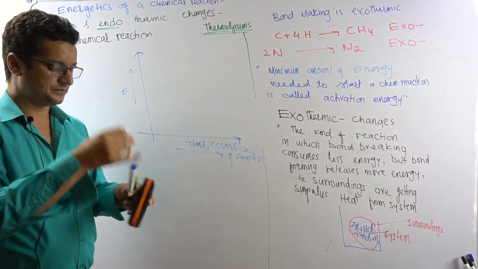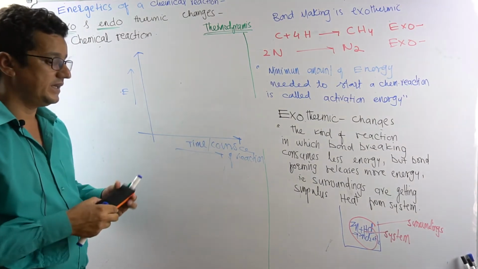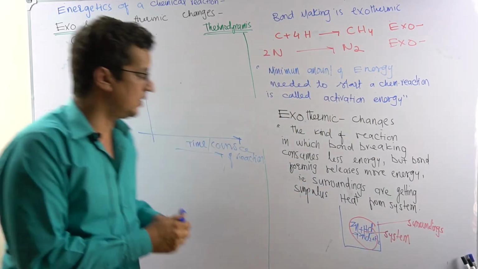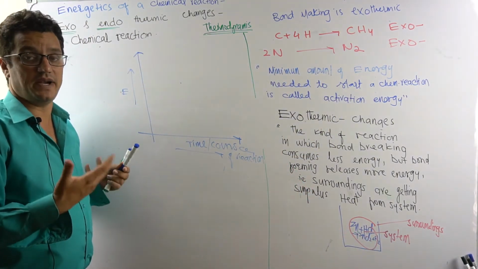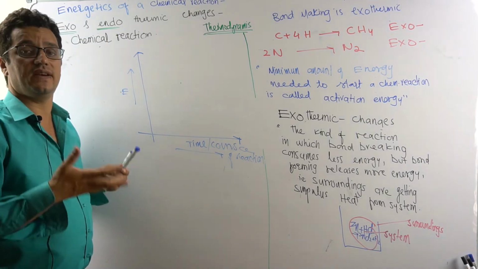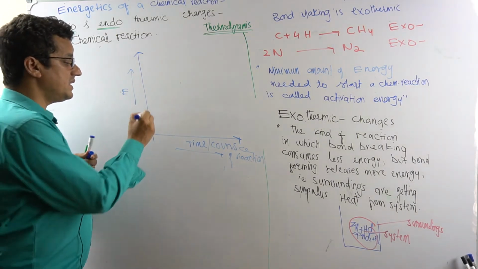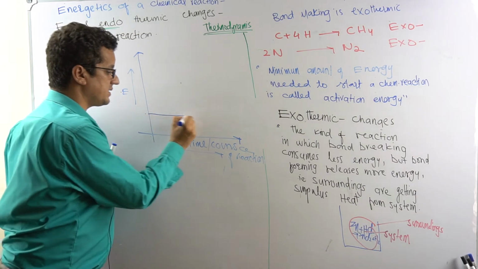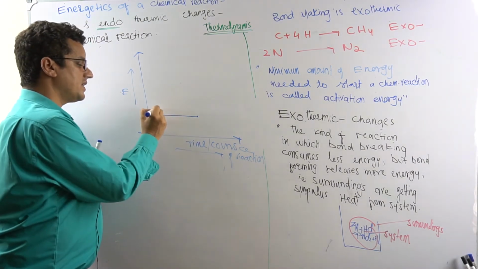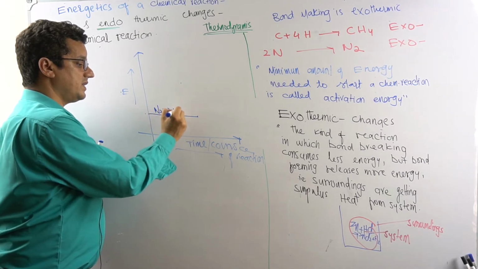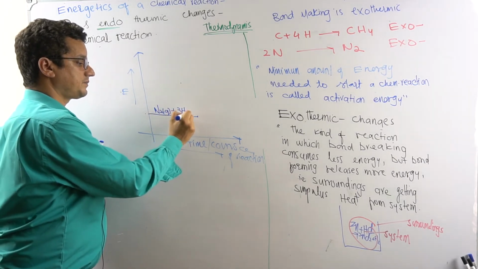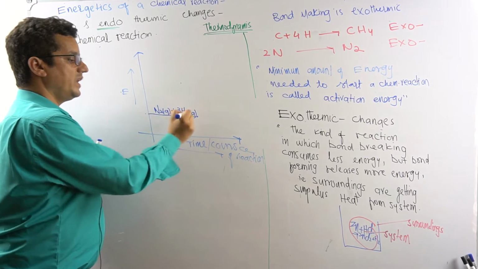Now we'll show that reactants basically have a certain energy level. They cannot have zero because they are made up of atoms and molecules. They have internal energy of their own, so they have a certain energy level, supposedly this, and the reactants are right here. Like in this case, I can take an example of nitrogen reacting with hydrogen, N2 and H2 reacting together.